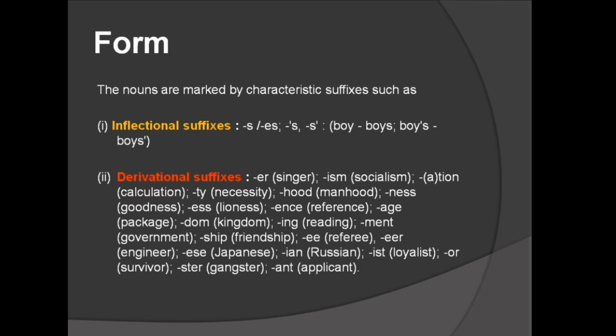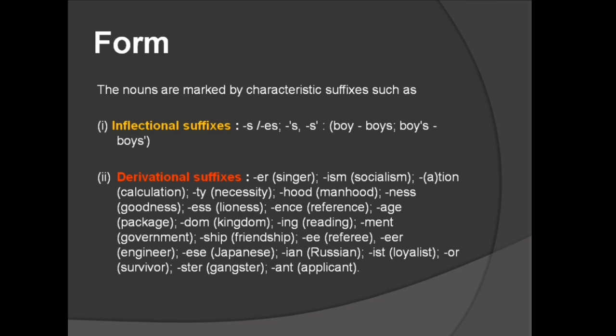Er in singer, for example, sing, er. Er is the suffix that makes a new word from the existing word sing. So this er makes it clear that this class of word is a noun. That is, a derivational suffix also functions as the identification mark for the noun.